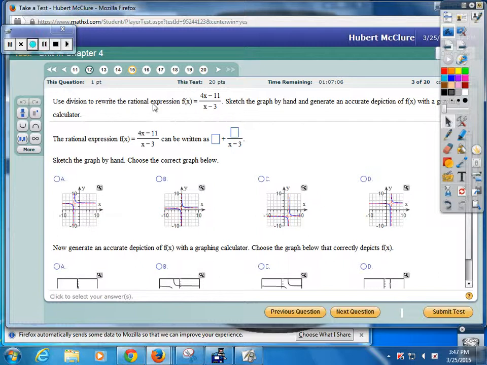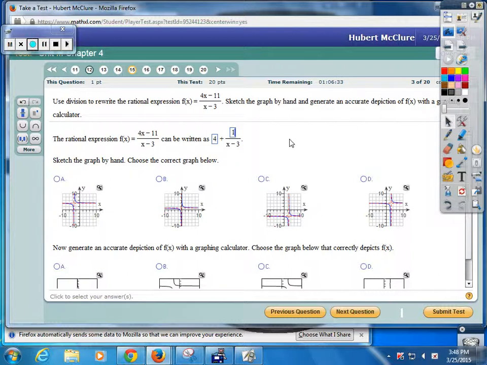Use division to rewrite the rational expression and sketch the graph. Okay, x will go into 4x 4 times. That'll leave 4x and 12, and then this will be the remainder. 4 times x is 4x, 4 times -3 is -12, but you always subtract, so that makes -12 a +12, so the remainder would be 1.